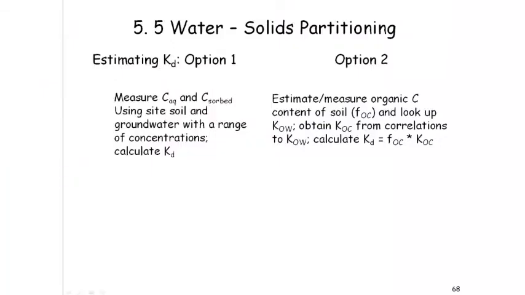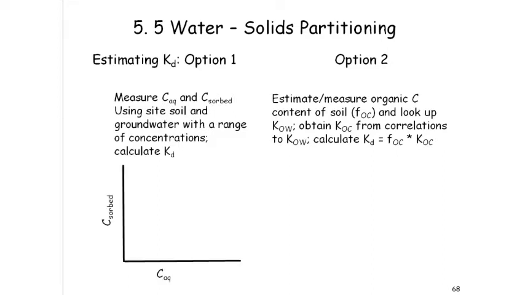So, to estimate the partitioning of the chemical between the water and the solids, we have really two ways. The first is to do some measurements, do a lab experiment, to measure the concentration in the solution and the concentration that's sorbed, to directly measure Kd. We'd want to use site groundwater and site soil, and we vary the concentration in a variety of experiments.